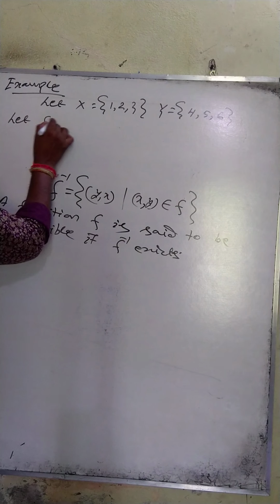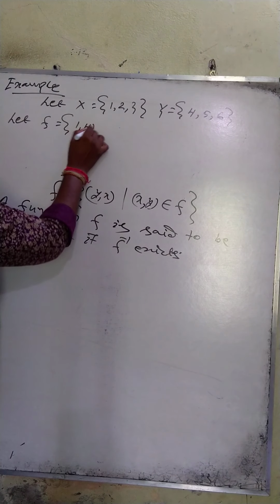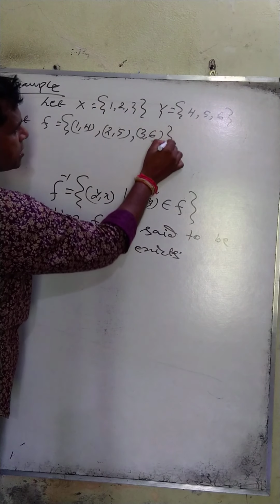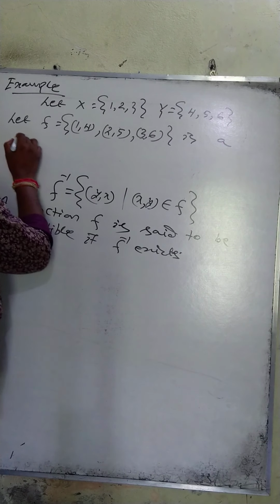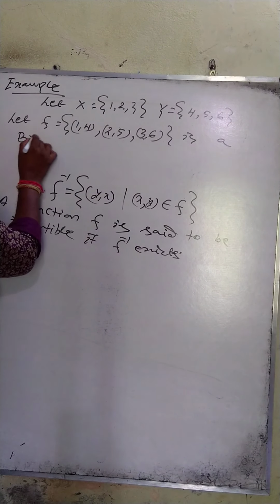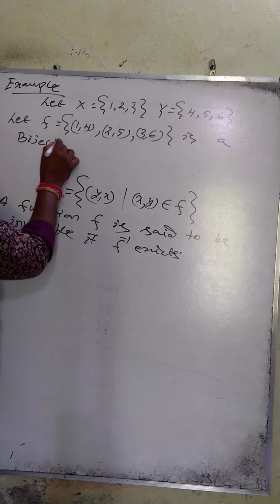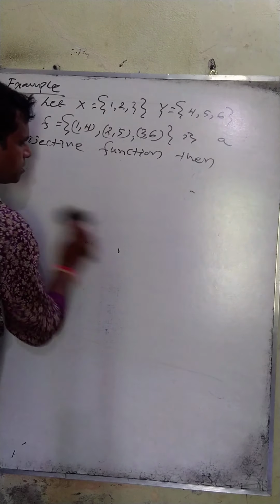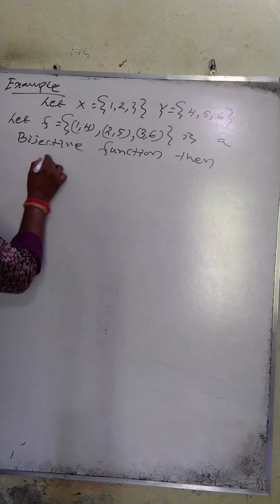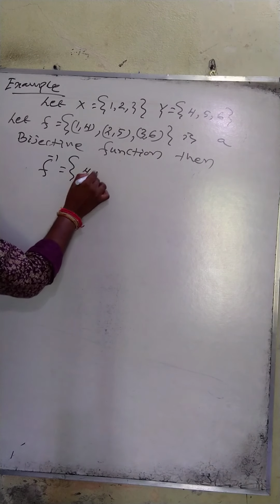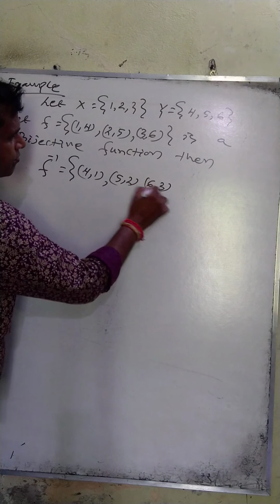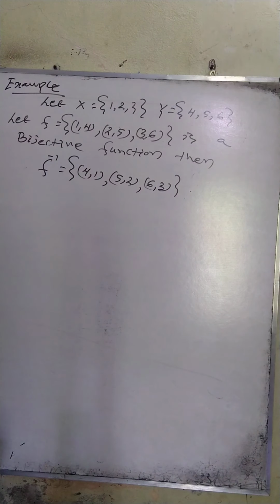Let f is equal to {(1,4), (2,5), (3,6)} be a bijective function. Then f inverse is equal to {(4,1), (5,2), (6,3)}.